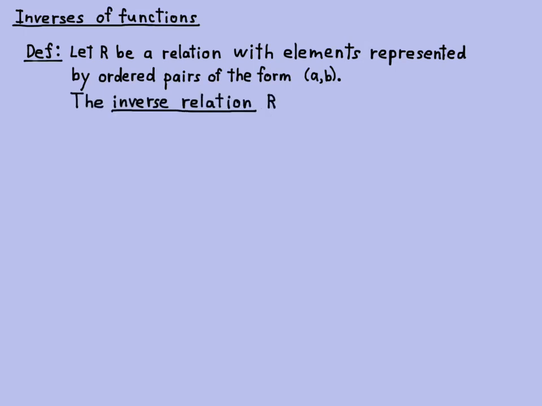The inverse relation, which is written R to the minus 1 and read as R inverse. That's not the R for real numbers, that's just the R for relation. It's the name of the relation. I named it R instead of, like a function, F. So the inverse relation R inverse of R is given by this.